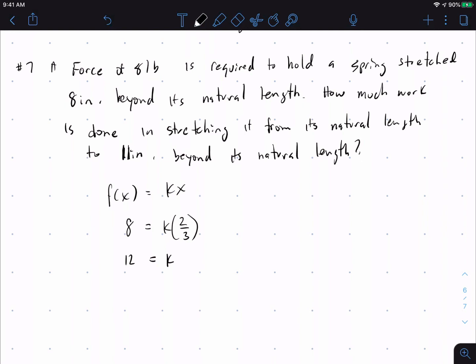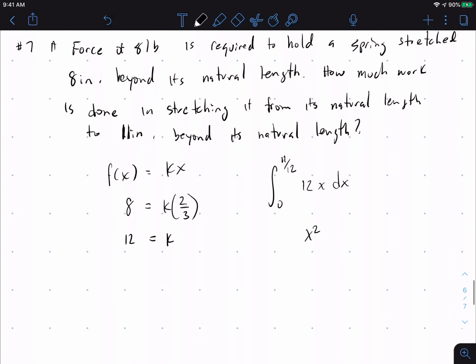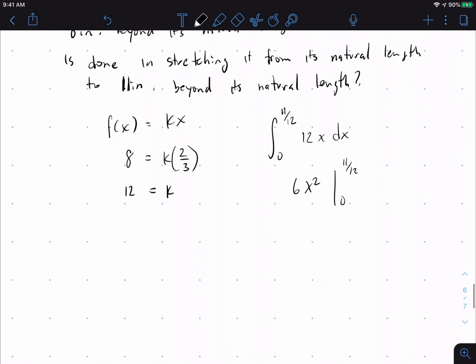Okay, so the integral should go from where to where? 0 to 11/12, correct? Yes. Of 12x dx. So that should give us 6x squared, evaluated from 0 to 11/12. Are we in agreement? Yes. So that gives us 6 times 121 over 144.